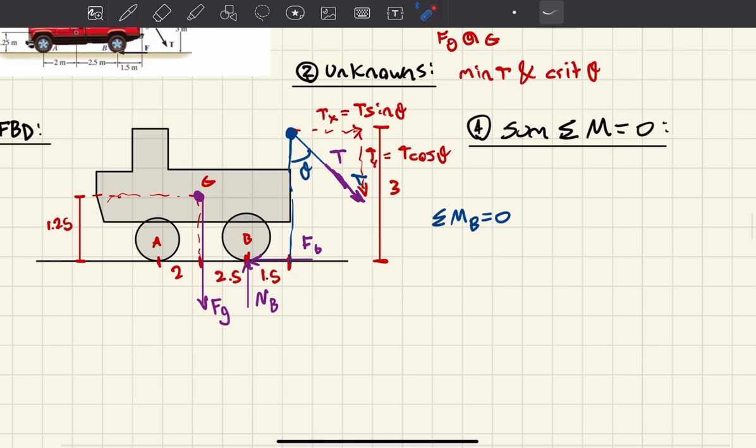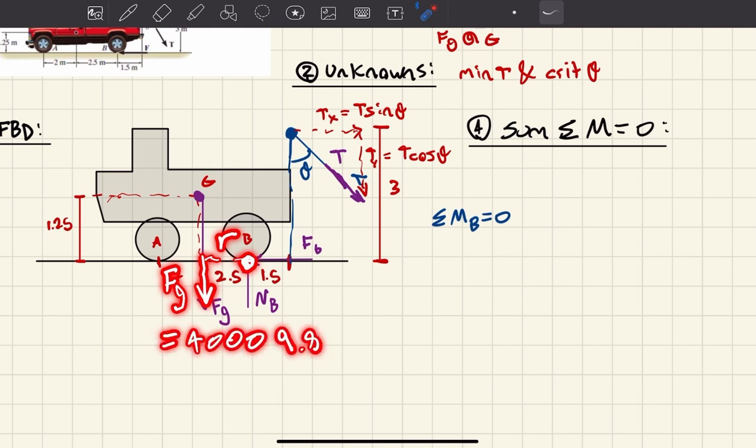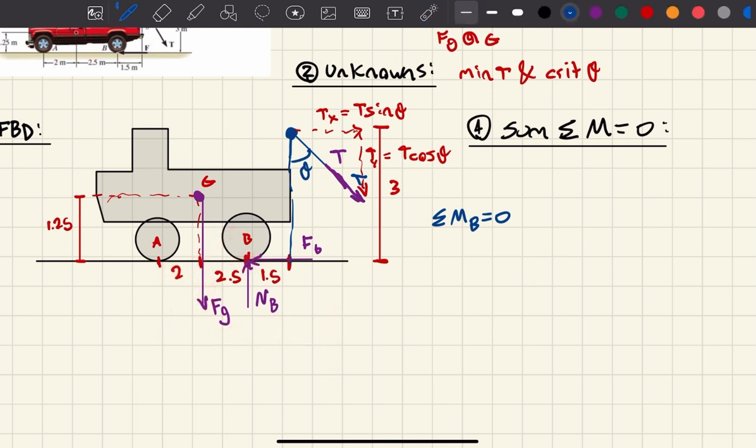Starting off with FG, I'll explain it the long way, but in the future I'll just go straight to the equation. Our distance R and our force. We know FG, this is just equal to 4,000 times 9.81, and R is 2.5. One mistake here is we have to specify what is positive. We're going to say counterclockwise is positive.